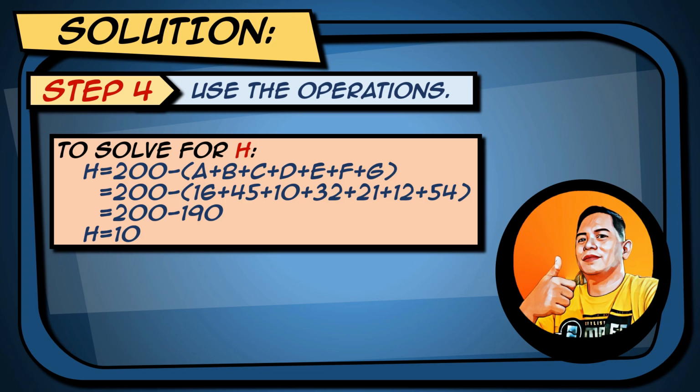Then 200 minus 190 is equal to 10. Then H is equal to 10.